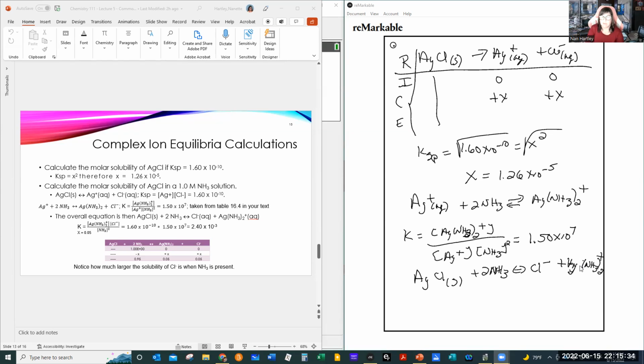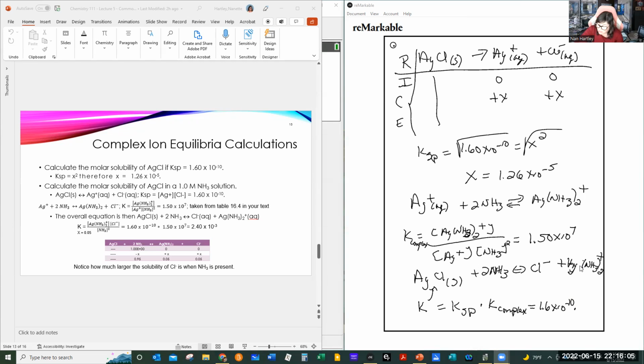In order to get the K for this overall, the K for this is going to equal the Ksp times the K complex, which technically this is, 1.6 times 10 to the minus 10. Sorry, I was thinking about our last problem.